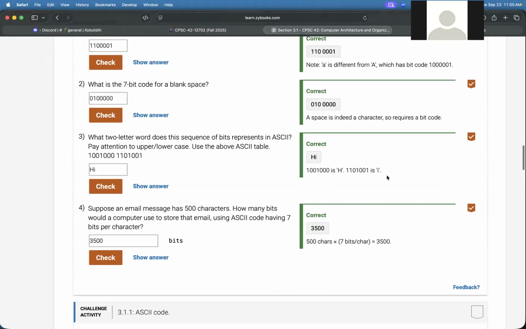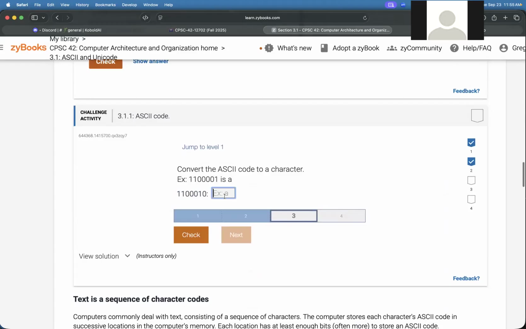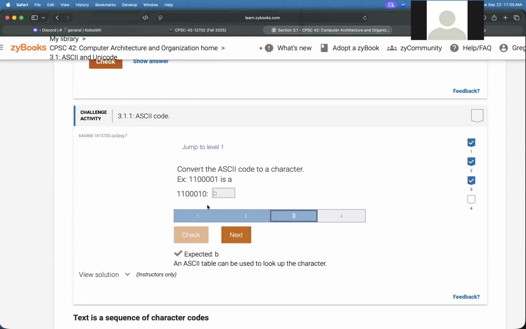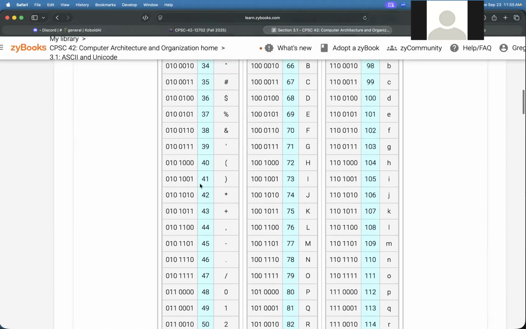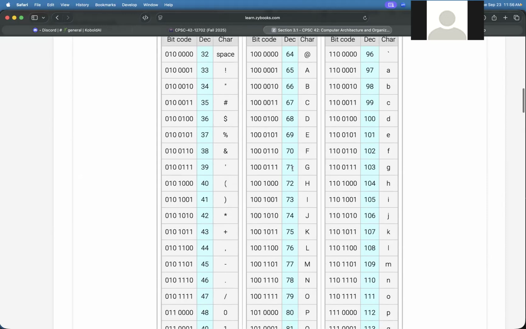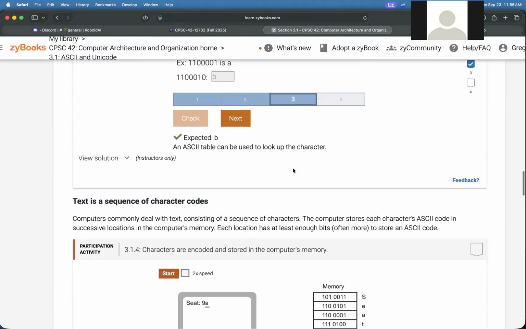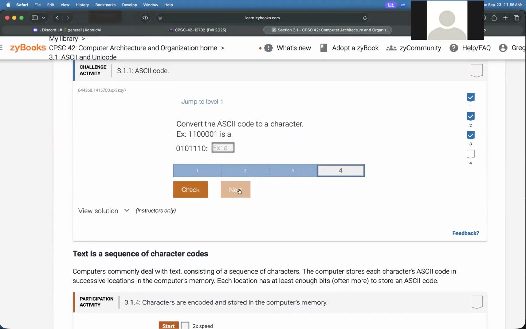B. I went over to the right side, by the way, because I remembered how these columns were set up: the first column started 010, this one started 100, and this one started 110. So when it said 110, I knew it's going to be over here with the lowercase letters, and I was able to go to mostly the right spot.